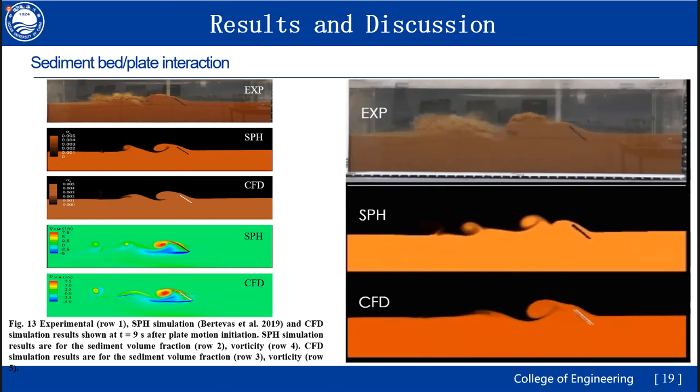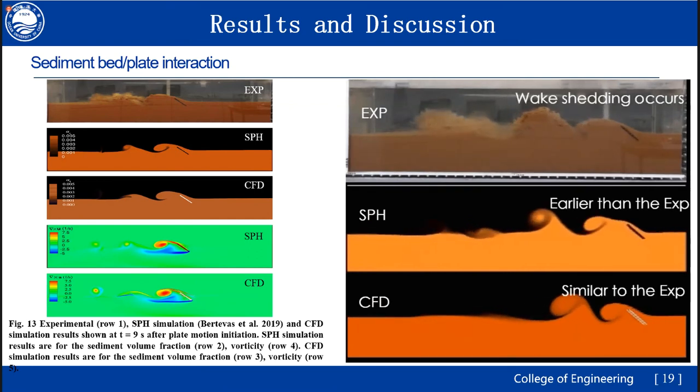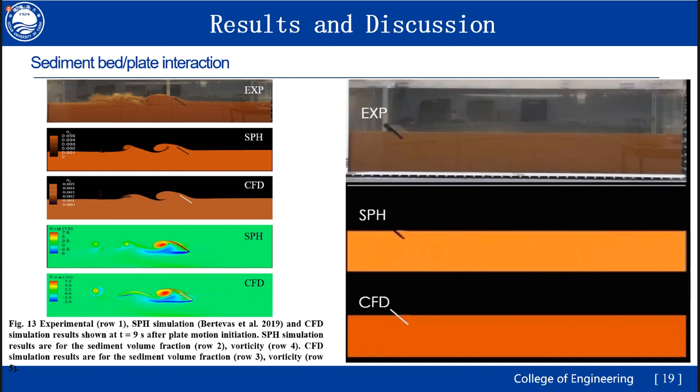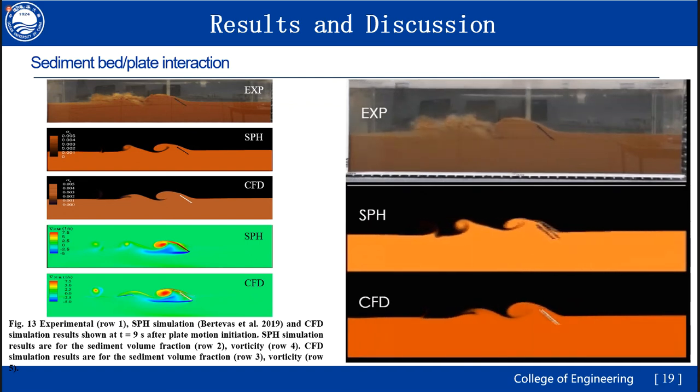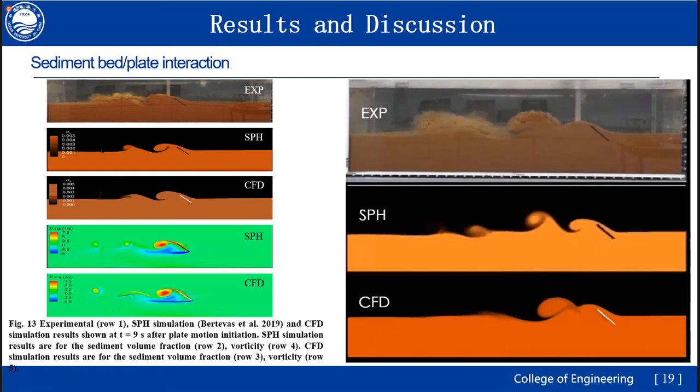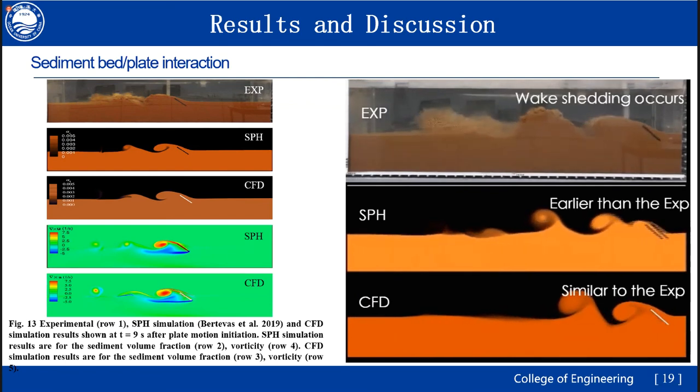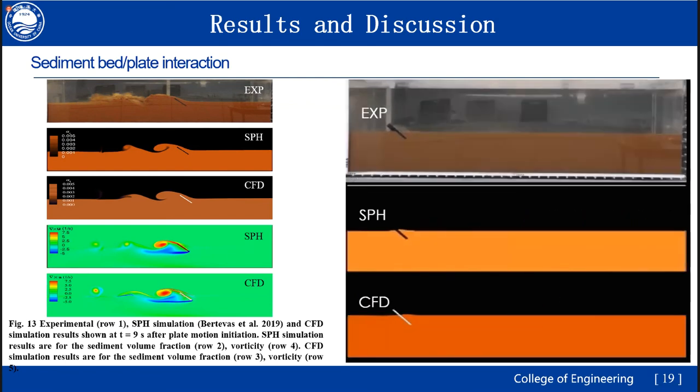But for the SPH model, the shedding time and the shedding position are a little earlier. So from this case, maybe if we keep the same parameters, the CFD model is a little better than the SPH method.